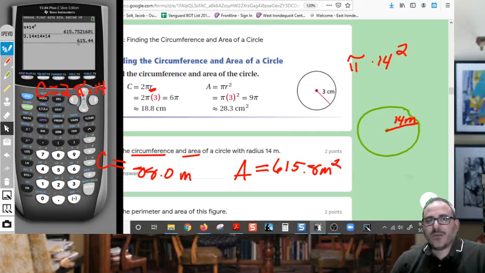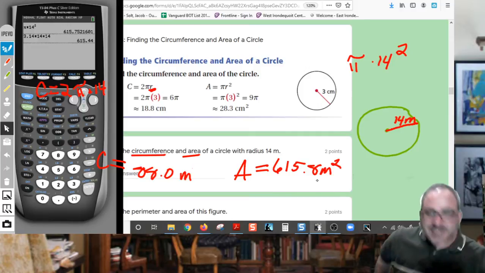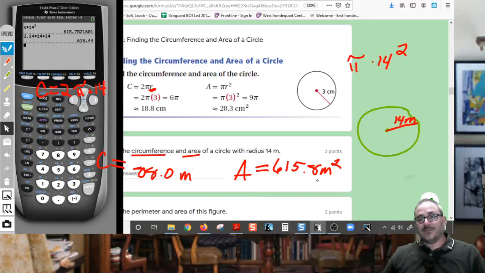This one, when I'm using a rounded version of pi, gives me 615.4, dropping the hundredths place from rounding to the tenths, 615.4 meters squared, which is a 4/10 of a meter difference, which couldn't matter if you were building a swimming pool or something like that.